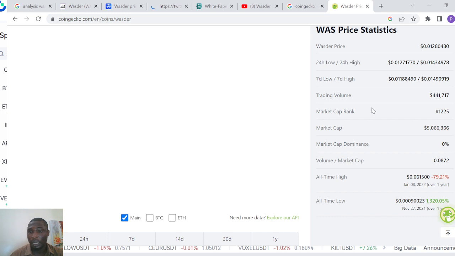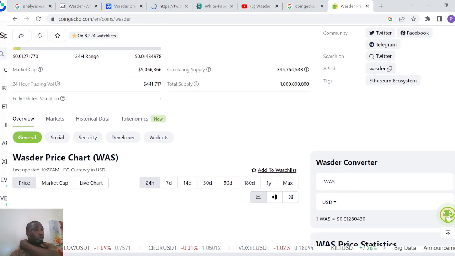We can see the market cap ranking, the market cap, the trading volume, and the all-time high right here. We can see the all-time low and others. All these are important factors that we need to consider when talking about these tokens and what we need to know about them.